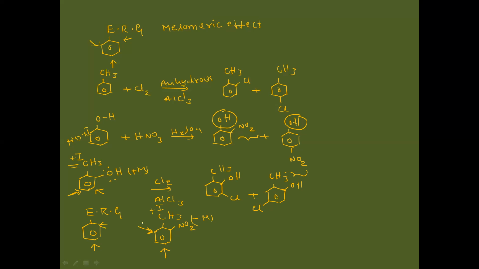This is the para position and this is the ortho position with respect to CH3. But this is the meta position with respect to NO2, and this is also the meta position with respect to NO2. So whenever you have one electron donating group and one electron withdrawing group, the substitution takes place ortho and para with respect to the electron donating group, and meta with respect to the electron withdrawing group.